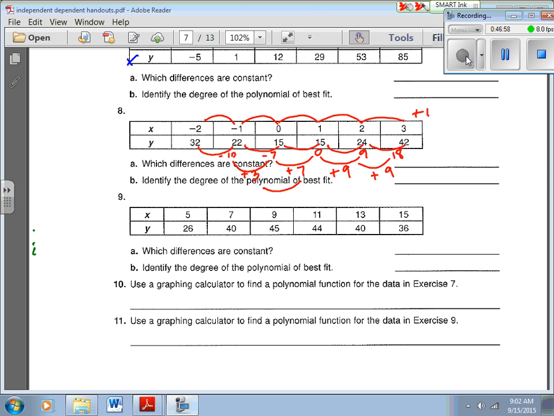Right here, what do we get? 4, 2, 0, -2, and all right, so now I see a pattern of -2. So then this is a difference. Here's the first difference. Here's the second difference. Here's the third difference. Here's the fourth difference. So it's a 4th degree polynomial then.